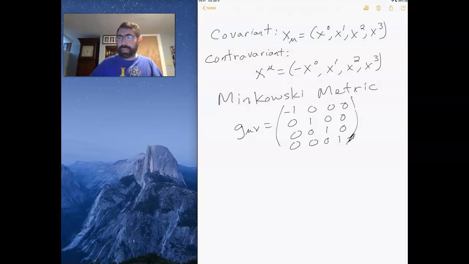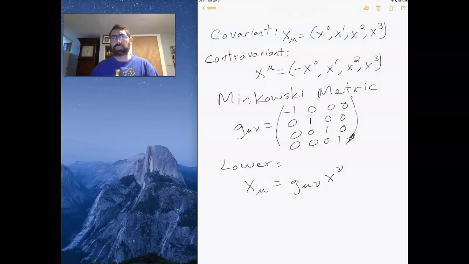And so that means that what I can do is I can lower an operator. So x mu is equal to G mu nu times x nu. If I start with a vector x nu that's contravariant, and multiply it by the Minkowski metric, where all the indices are lower, I can lower it to a covariant vector.